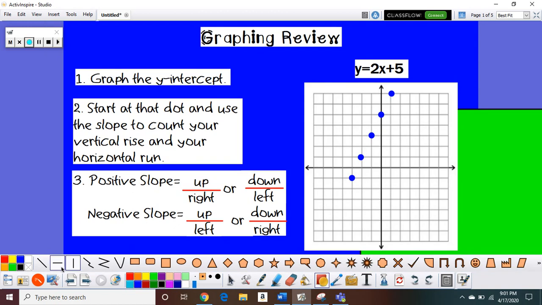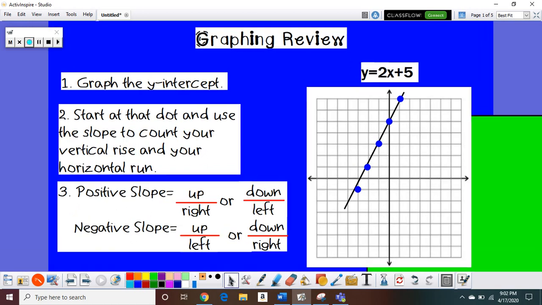And then I'm going to draw my line. Now, if I had a negative slope, then I would go up and to the left or down and to the right to show that negative direction.